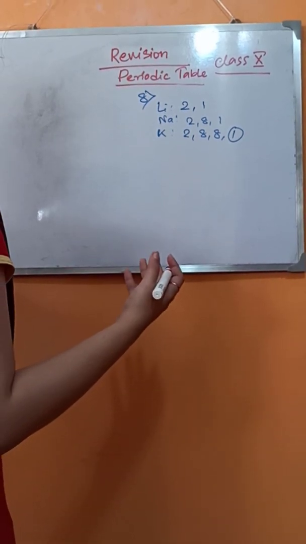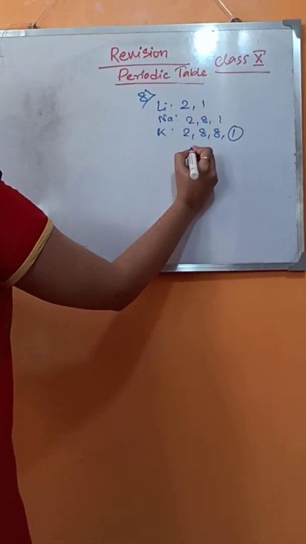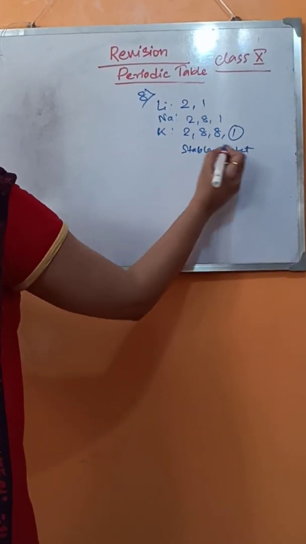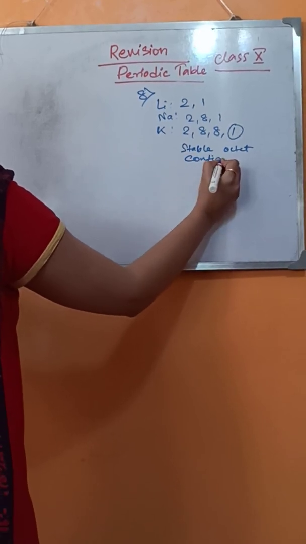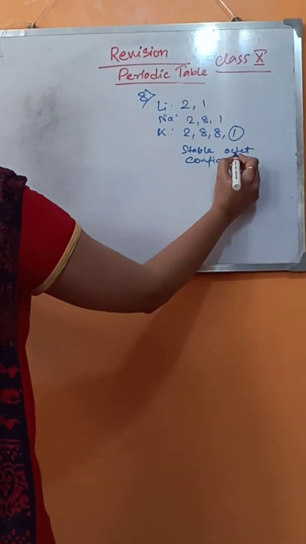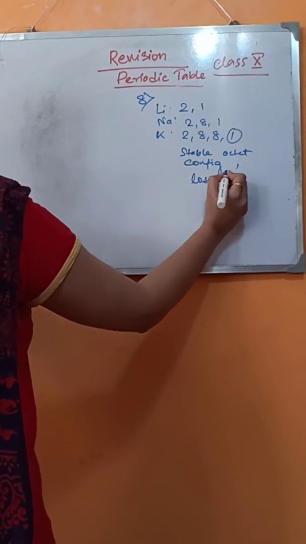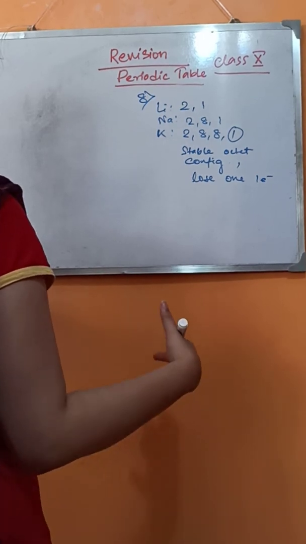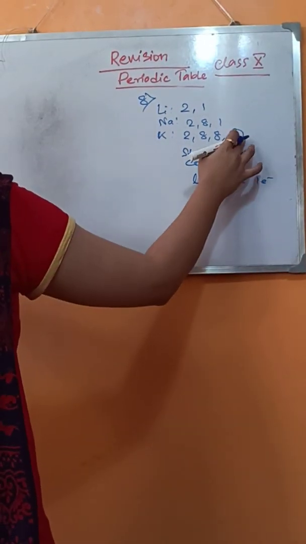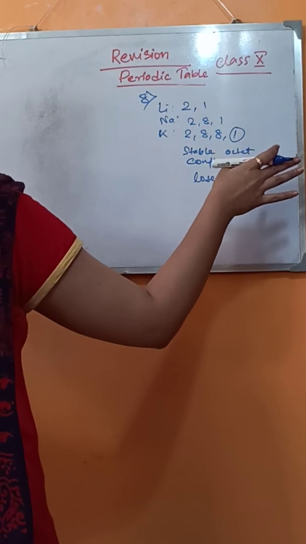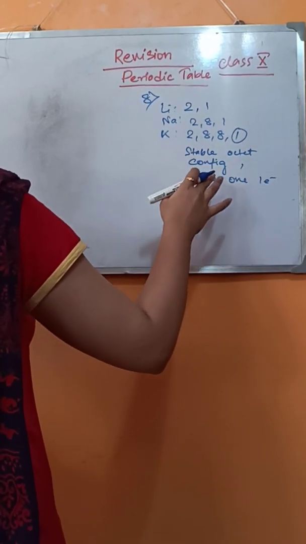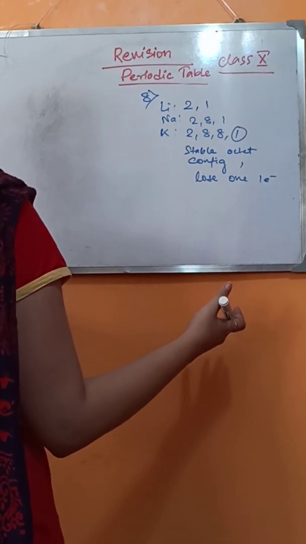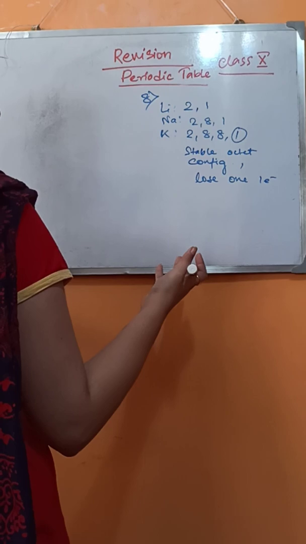So what they will want to do, in order to get the stable octet configuration, they will easily lose one electron. So while forming new compounds, what will they do? They will easily give this electron. So since they are providing electrons to other elements or compounds, they are good reducing agents.